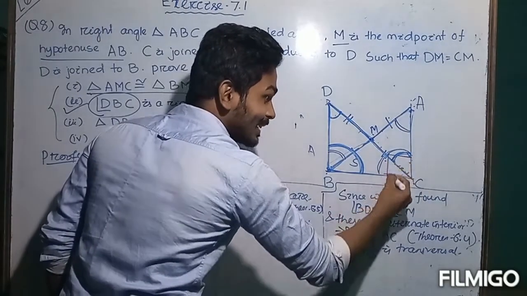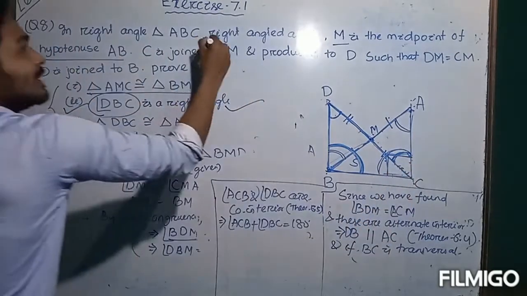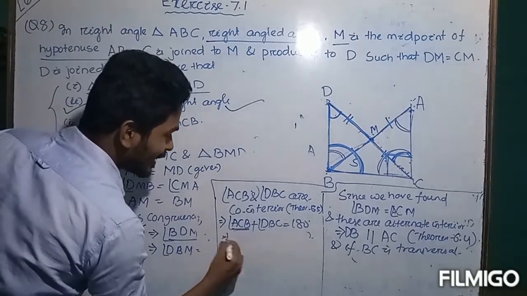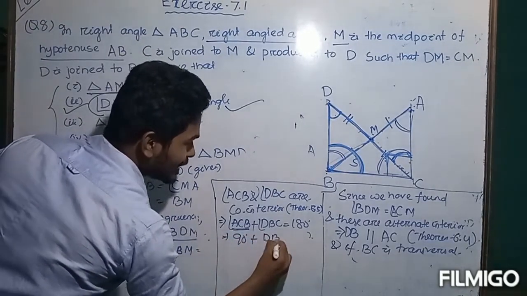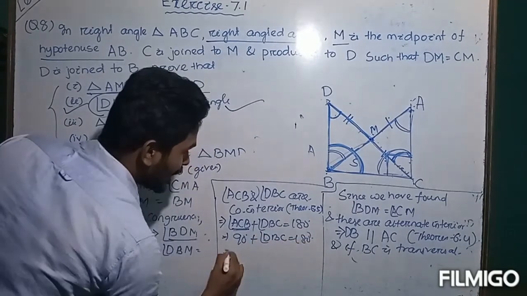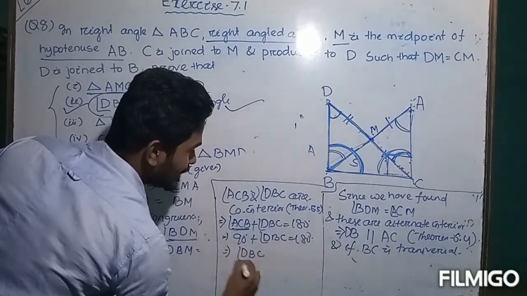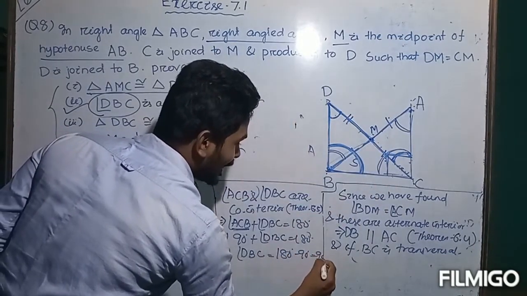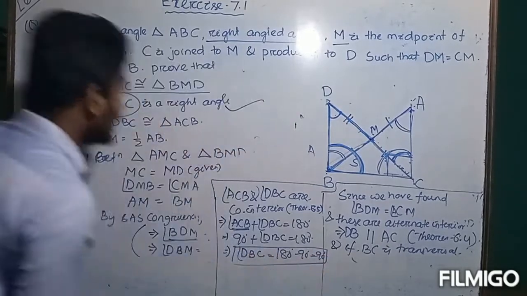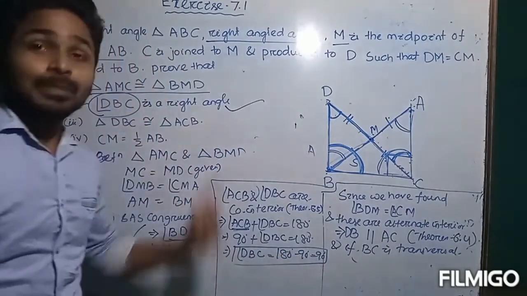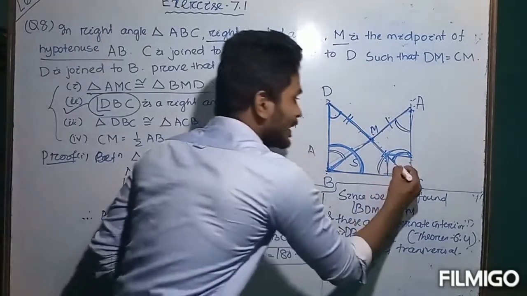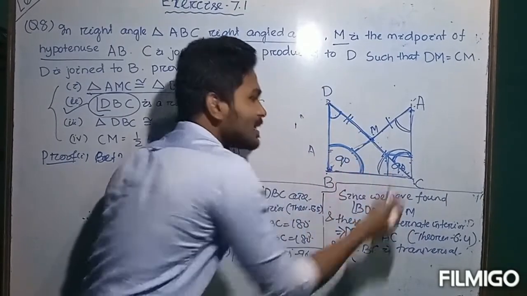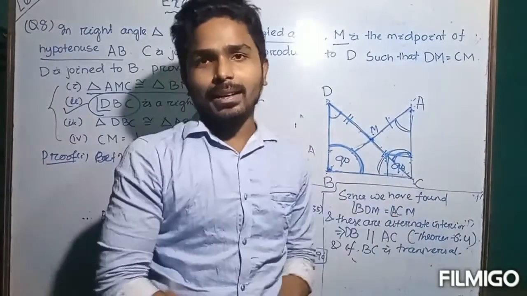But it is given that this C is a right angle, so this angle is 90 degrees. So 90 plus DBC is equal to 180 degrees. DBC, moving to the right-hand side, is 180 degrees minus 90 degrees, which is equal to 90 degrees. Hence we proved that DBC is 90 degrees, it means DBC is a right angle. If it is 90, then no doubt you can say this is also 90, because the sum is 180 degrees, as they are co-interior angles.